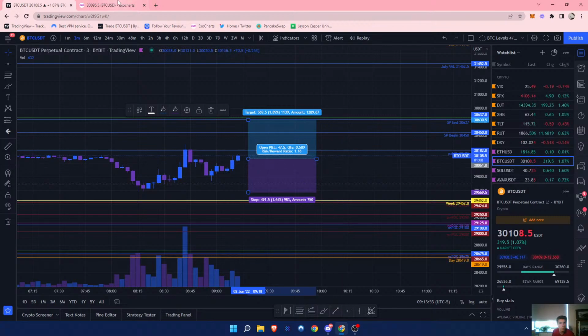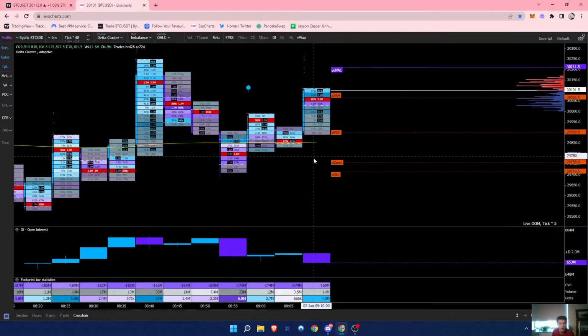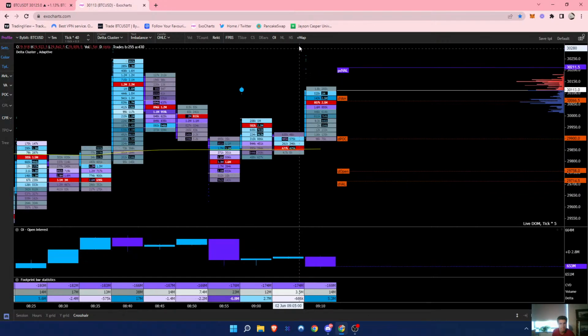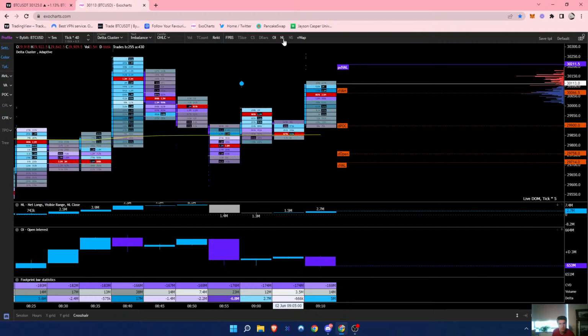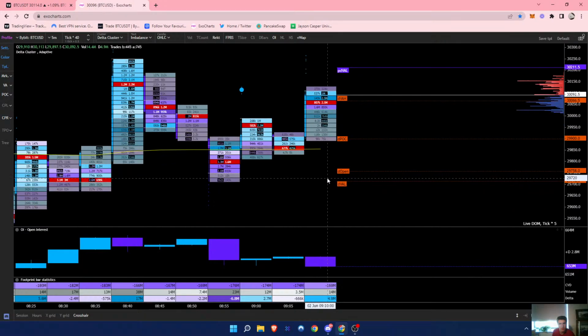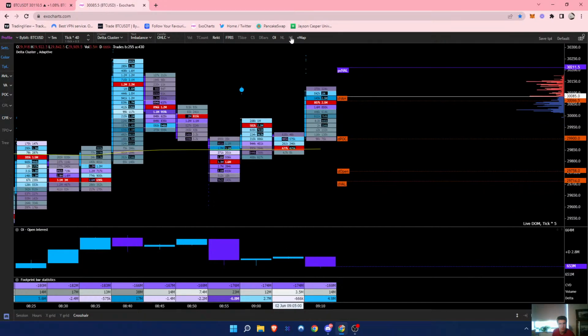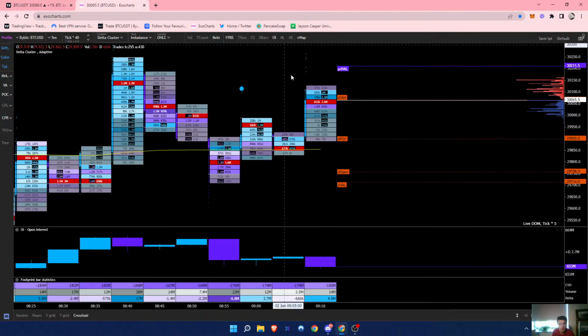Again, this means a lower position size since our stop loss is big. Yeah, shorts are closing.